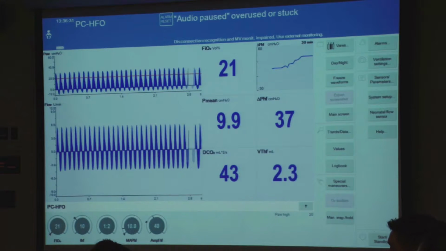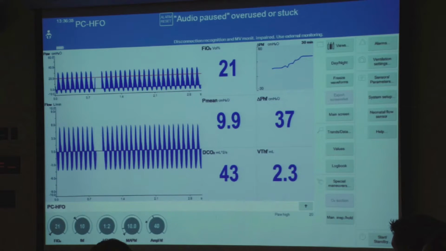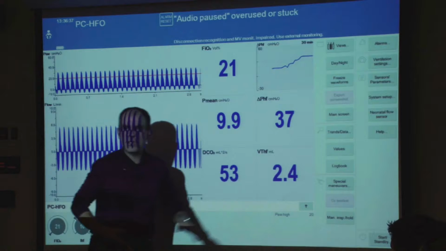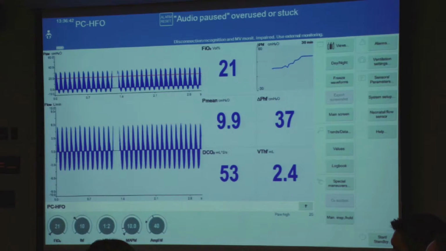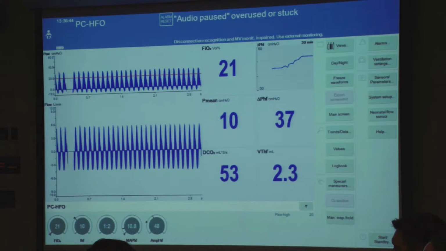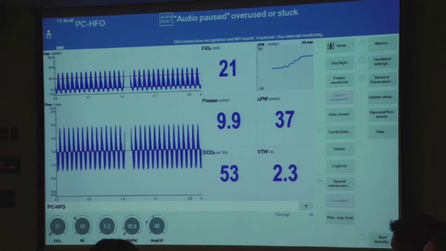So that's interesting, and it kind of gives you the idea when you start looking at this parameter. It's like when we switched from ventilators without a screen, when we weren't looking at tidal volume, and now everybody uses tidal volume for conventional ventilation.